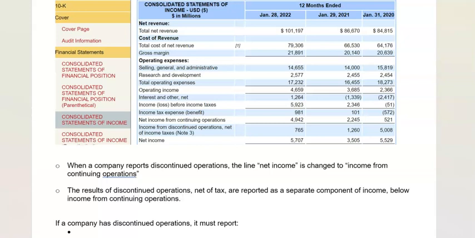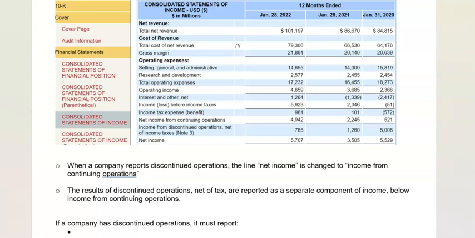So why does GAAP have us do this? Why does GAAP say that if we have discontinued operations, they're going to be reported in a separate line? Well, if the company sells or disposes of a major component of its business, the performance of that component is not going to affect the company's future performance. And remember, the main users of financial statements are investors, and they're using the income statement to help predict future performance, or to put it a different way, to estimate stock price.